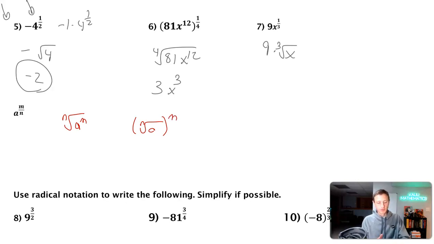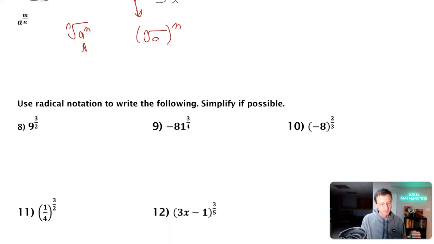So you could either do it as a on the inside being raised to an exponent underneath that radical, or that radical being raised to the exponent. Most of the time, I think this form would be a little bit more helpful because we're going to be raising numbers to exponents. I'm not saying this is the go-to method. I'm just saying in some cases it might be more helpful. It just depends on each scenario.